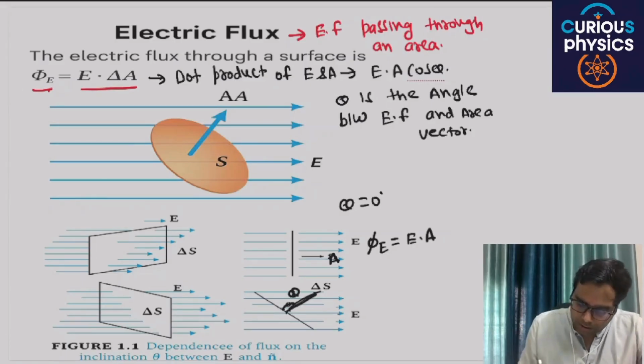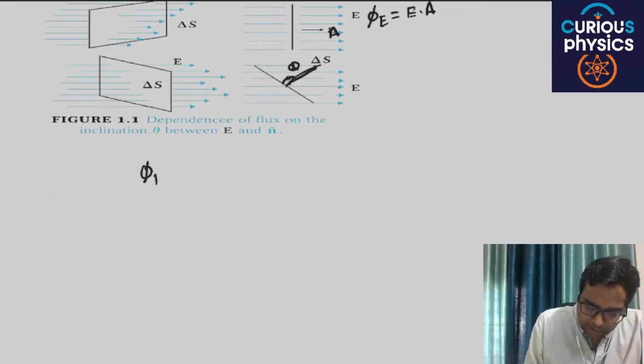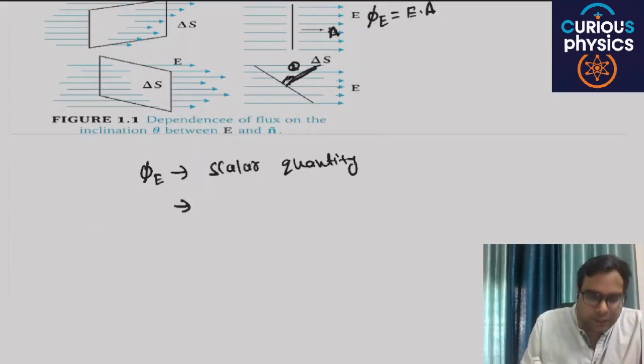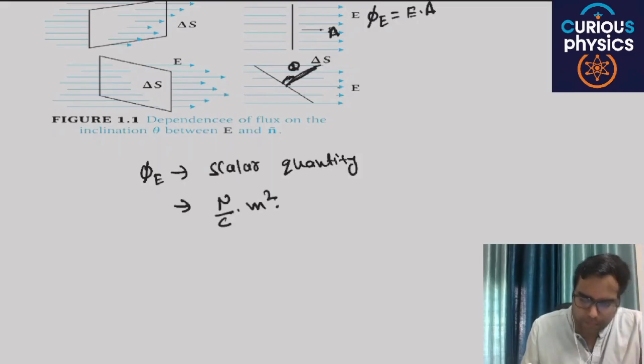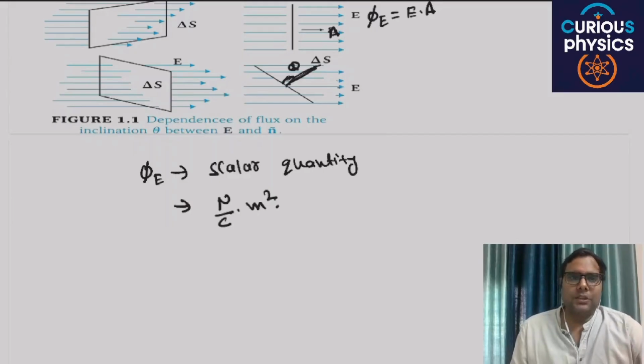So here electric flux is a scalar quantity, and its units are E into A, Newton per Coulomb times meter square. It is basically the number of electric field lines passing through an area.